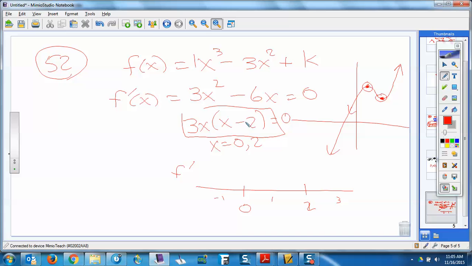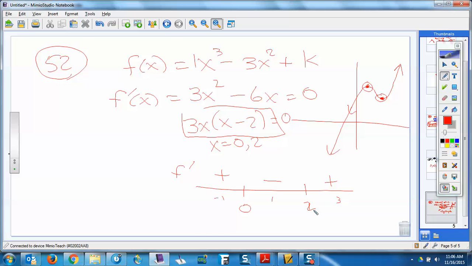Negative 1 minus 2 is negative. Negative times negative is positive. Put a 1 in there. 3 times 1 is positive. 1 minus 2 is negative. Positive times negative is negative. Put a 3 in there. 3 times 3 is 9. That's positive. 3 minus 2 is 1. That's positive. Positive times positive. So it goes up, goes down, goes up. But I kind of knew that. All right. So I got a local max. I got a local min.